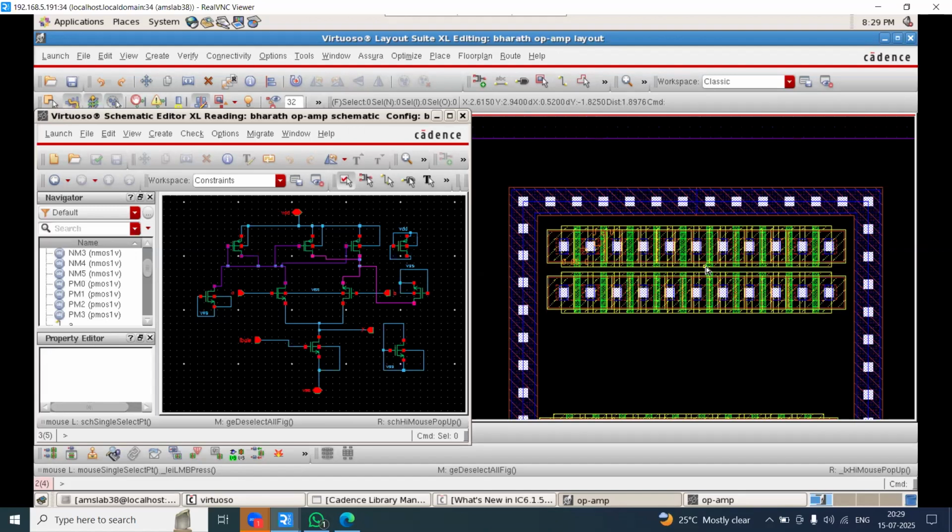Okay, sir. And that too, this is if we don't have dummy polys. If we have dummy polys, we can understand easily. If we don't have dummy poly, then it will be a problem. If we are creating the cells without dummy poly, then what happens?